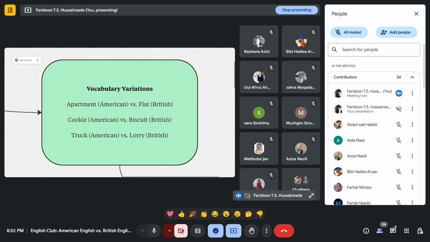But not really, because after the R, now you have another vowel sound. So when the R is sandwiched between two vowel sounds, again, you cannot remove the R in British English. You have to say it. So pronouncing this like "lowy", that is wrong. You have to say lorry, even in British English. Okay, so truck and lorry, cookie and biscuit, apartment and flat.